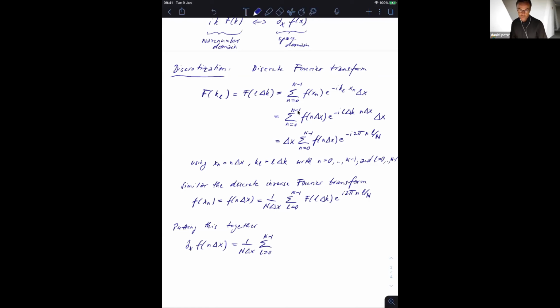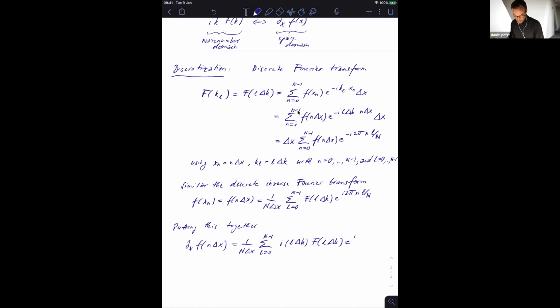And now we have these products of i times k_l, the discrete value, which we can write as l delta k, times our wave number function f-hat at position k_l.